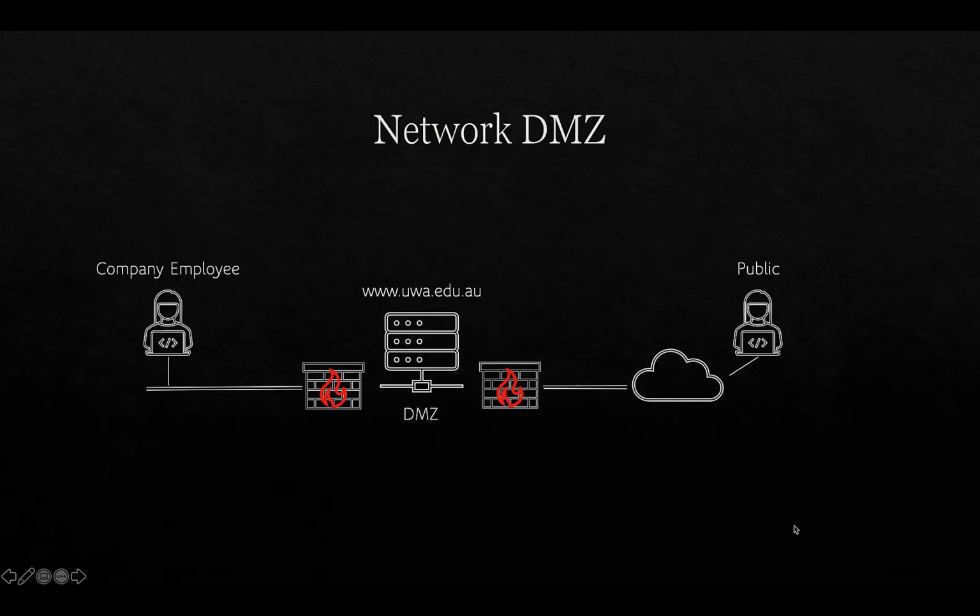So this gives you an example of this. We have a network DMZ, where a company employee internally is on an internal network and can access a website, and so can somebody on the public side of it, but the public is prevented from actually getting onto the internal network by this second firewall over here.